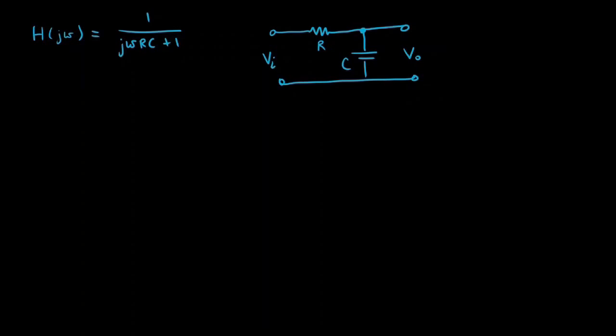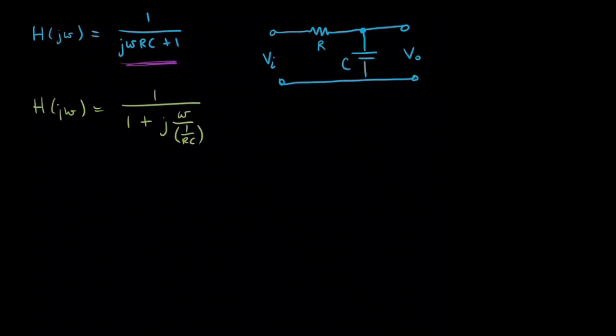Now, if you notice, that's not quite in the form that I explained earlier, right? So what I need to do is a little bit of algebra to come up with the form that I'm interested in. I can say that H of j omega equals 1 over 1 plus j omega divided by 1 over RC.